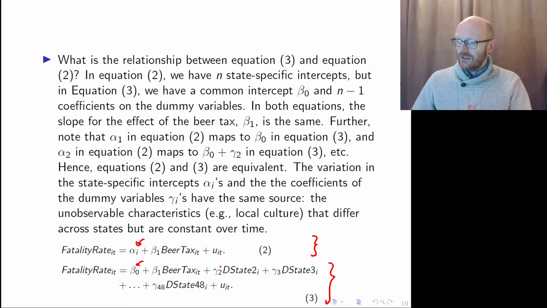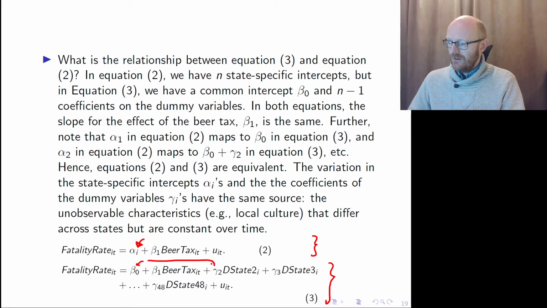What you would see is that this alpha i is actually equal to beta naught plus the different gammas.